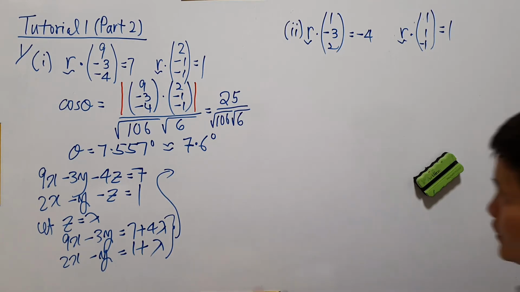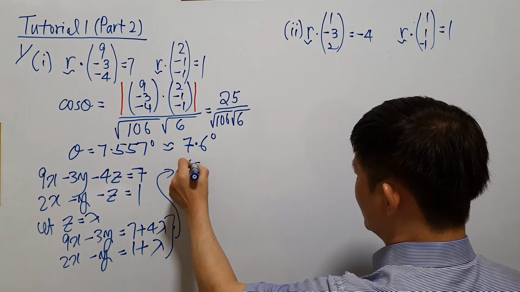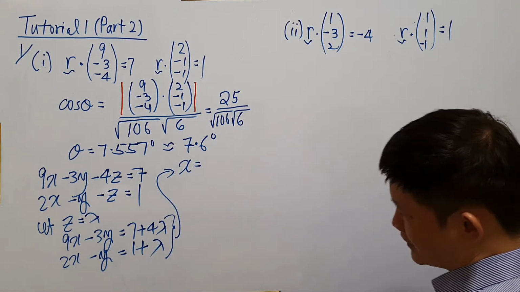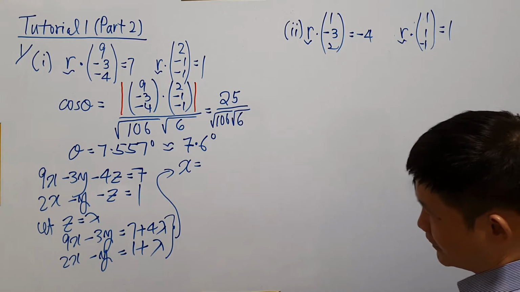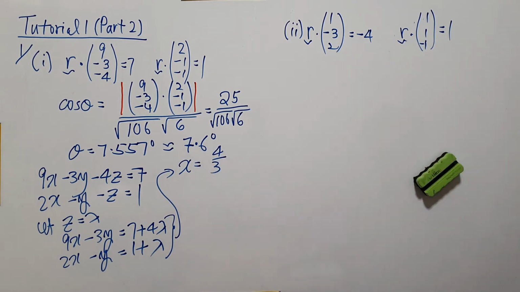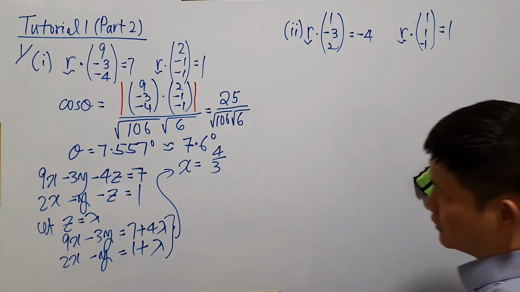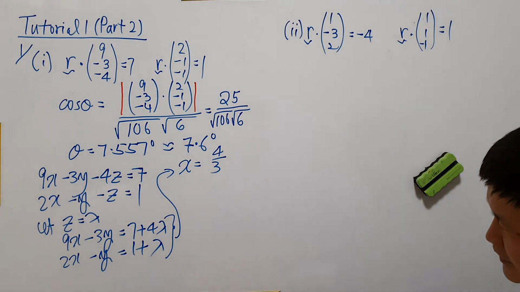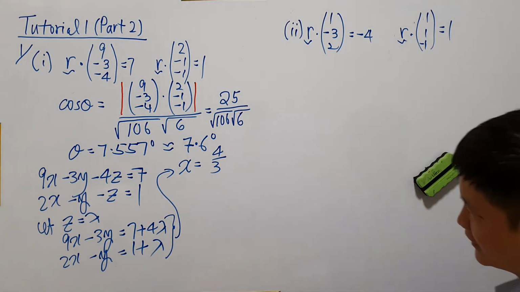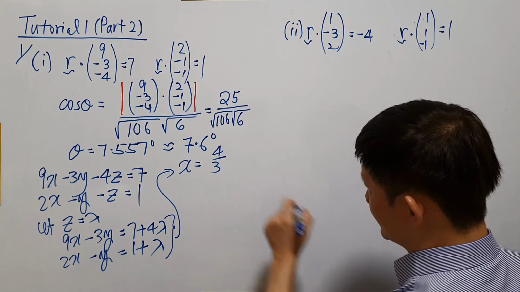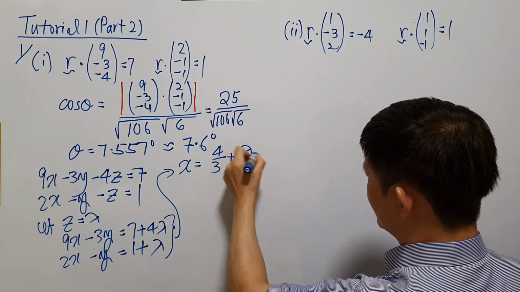So x is equal to, 7 minus 3 is 4, over 3, so x equals 4 over 3 plus lambda over 3.